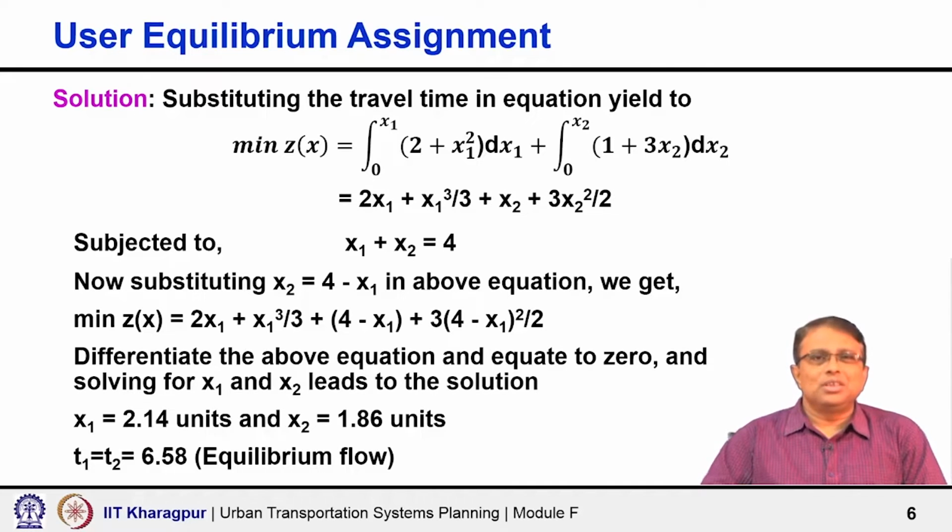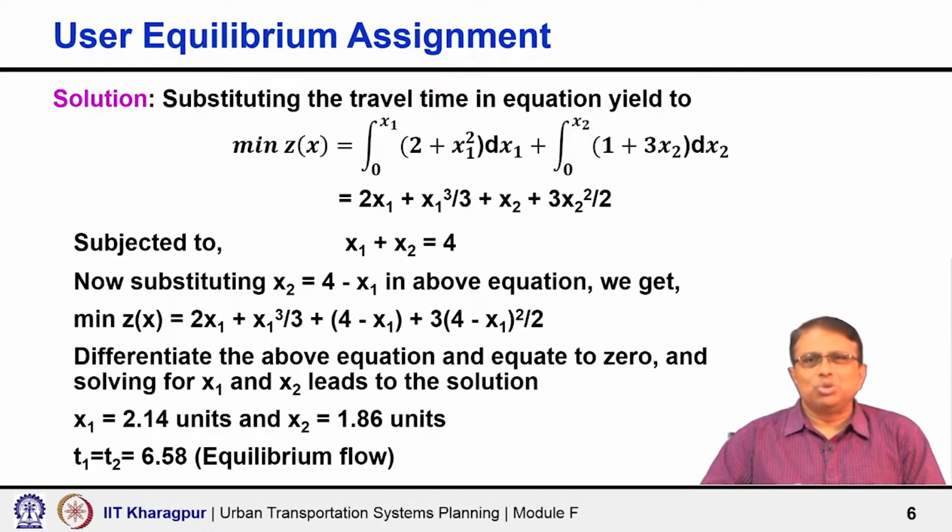With those, T1 equals T2 equals 6.58. So, each path, or both paths, will have an equal travel time of 6.58.